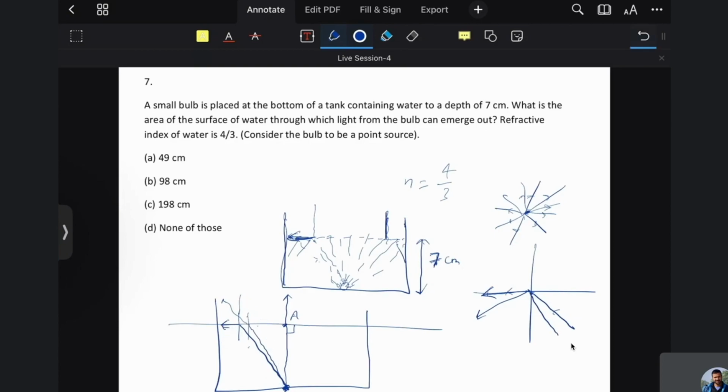Let me remove the extras and keep this one, because we want to calculate this critical incident angle IC. The same thing will happen on this side, just symmetric.